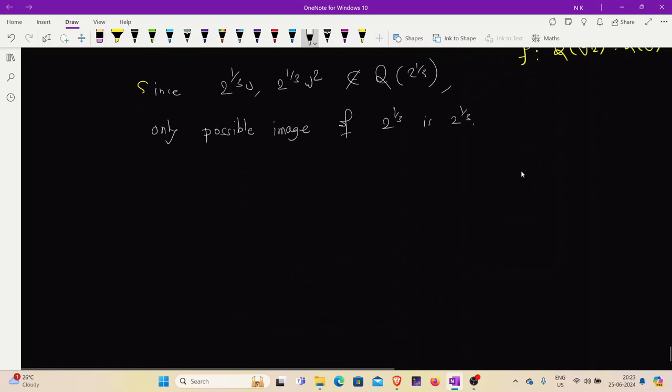So the only automorphism is the identity automorphism, where all the elements map to themselves. So 1 maps to 1, 2 raised to 1 upon 3 maps to 2 raised to 1 upon 3, and 2 raised to 2 upon 3 maps to 2 raised to 2 upon 3.